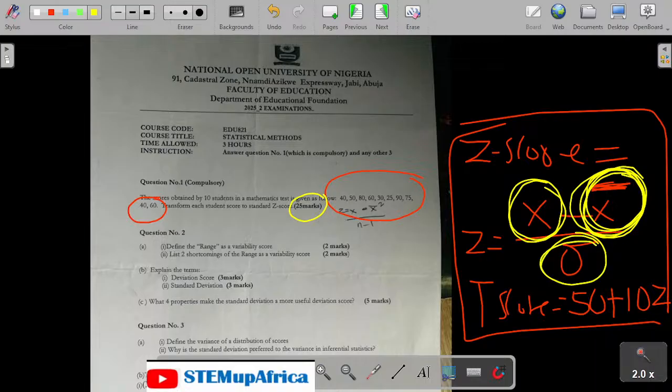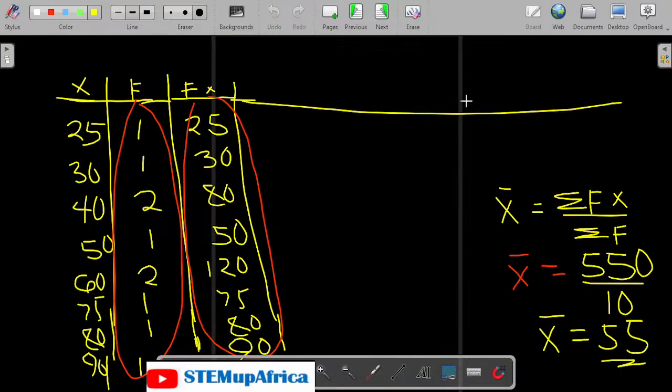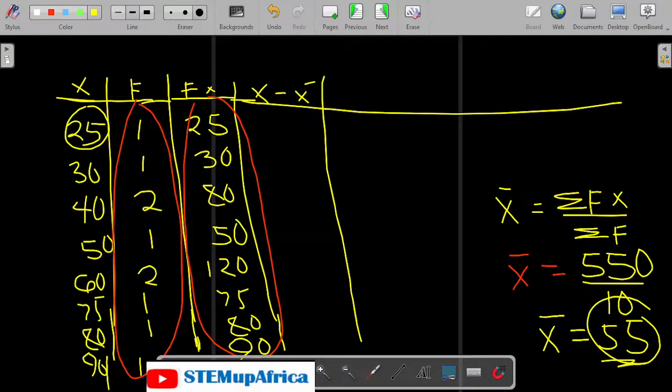Remaining is our standard deviation. Let's get our standard deviation. So I need to continue with the table. To find standard deviation, you need your x minus x bar. So who's the first x here? 25. Who's my x bar? 55. So I'm going to have 25 minus 55. That will give me minus 30.